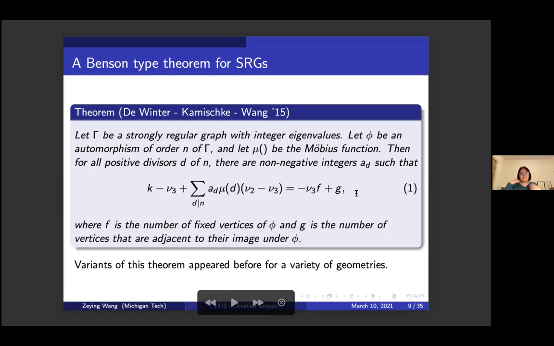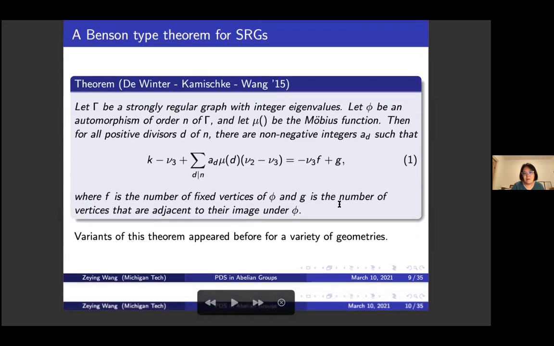On the left side, if you recall my previous slides, the k, mu2, mu3 are the eigenvalues of the adjacency matrix of the strongly regular graph, right? And on the right-hand side, mu3 is still an eigenvalue. F is the number of fixed vertices of phi, and G is the number of vertices that are adjacent to their image under phi.